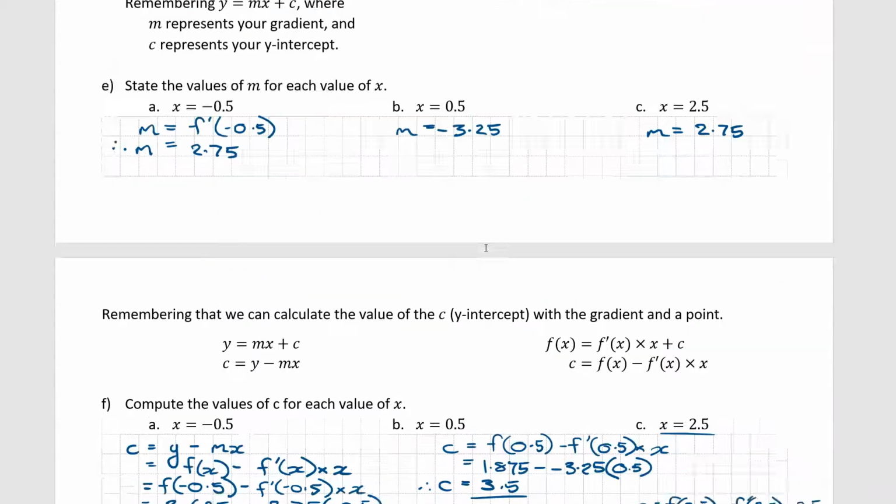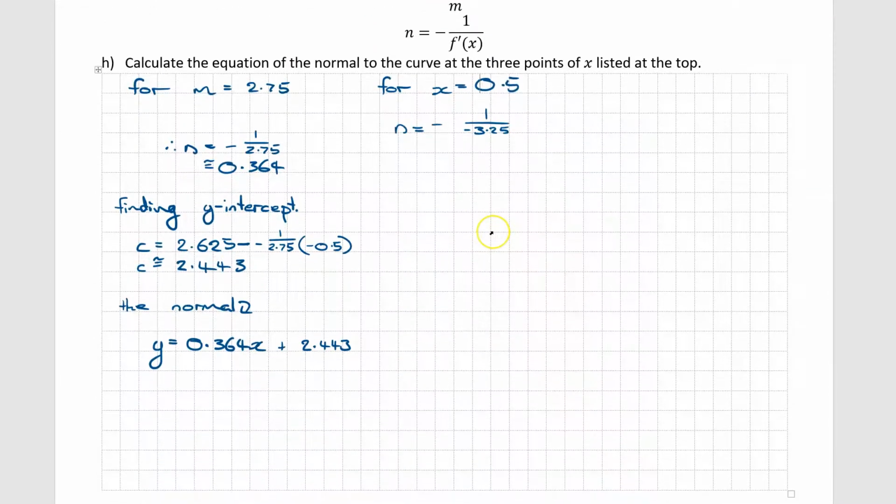Let's just double check. Yeah, negative, like so, and then of course the two negatives are going to cancel out, so it simply becomes 3.25. So 1 over 3.25, like so.